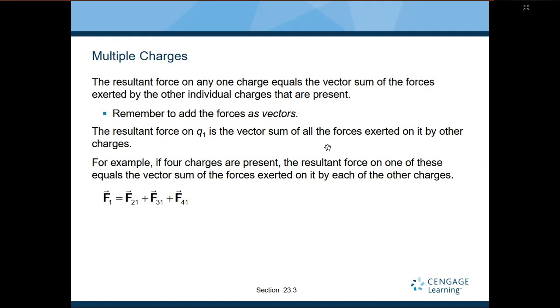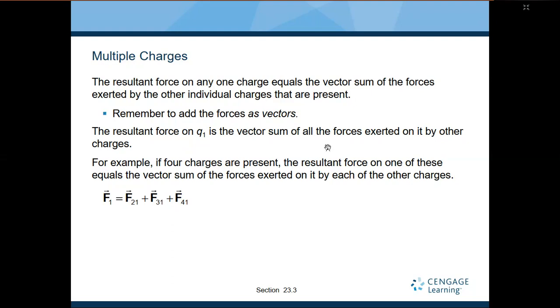The resultant force on any one charge equals the vector sum of the forces exerted by the other individual charges that are present. So what does it mean? It means that when you are dealing with one charge due to the presence of several charges, makukuha mo raw yung resultant force being experienced by that charge by getting the vector sum of all the forces.